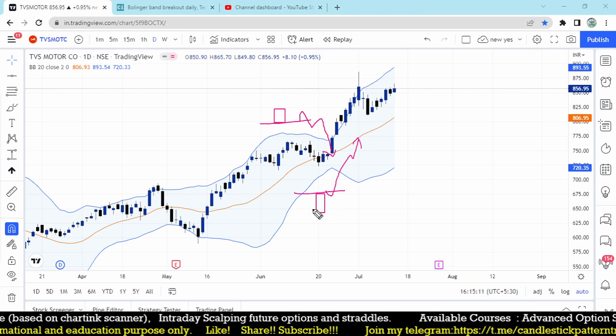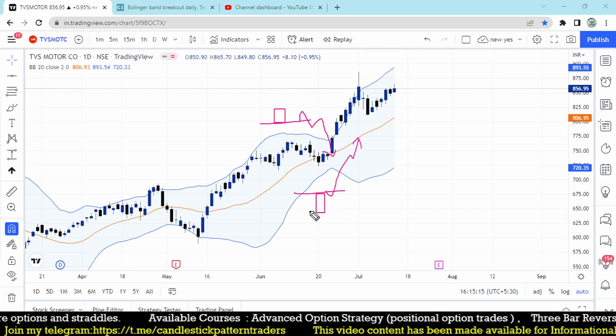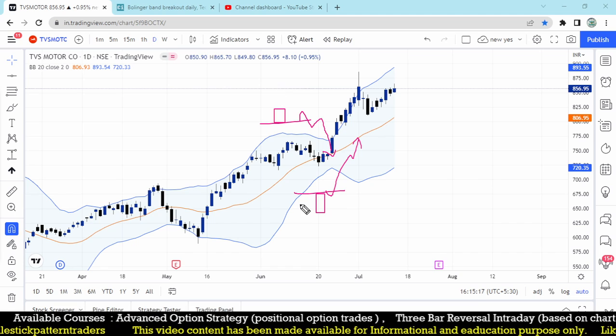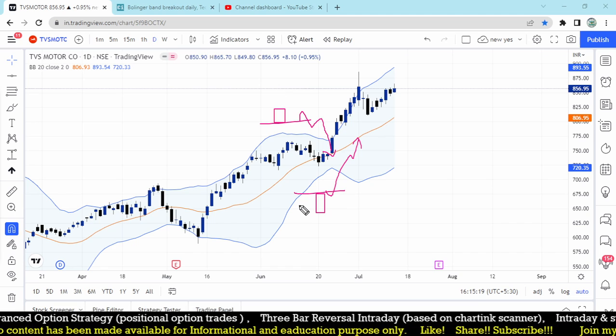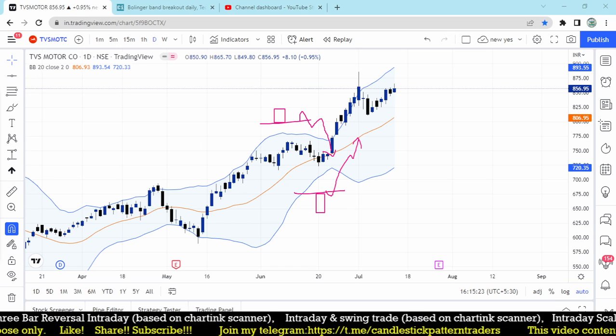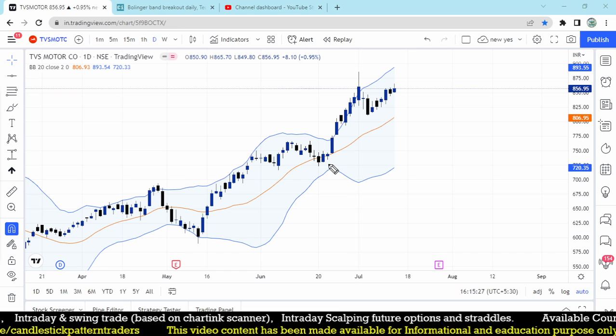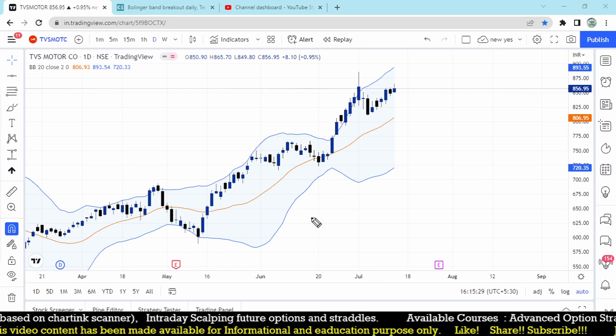That is a method where we use scanners to find a stock trading above or below the upper and lower Bollinger Band. But here we are going to use the Bollinger Band channel when the bands are coming close to each other.